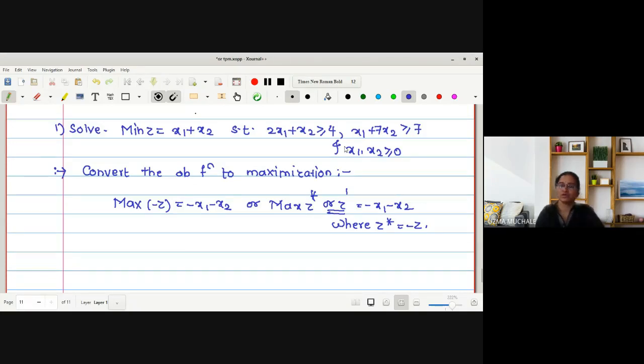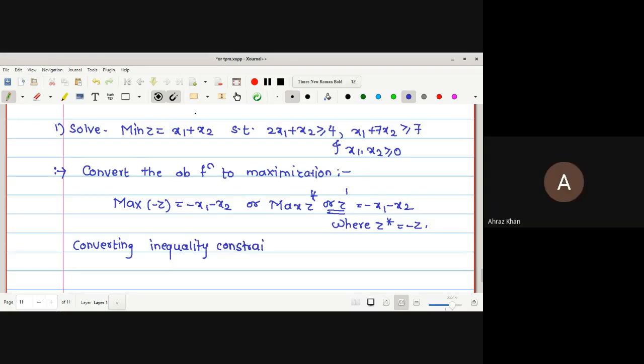Now we have to convert the inequality constraints to equations. Which variables are necessary? Surplus and artificial.